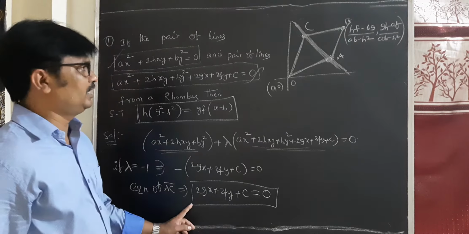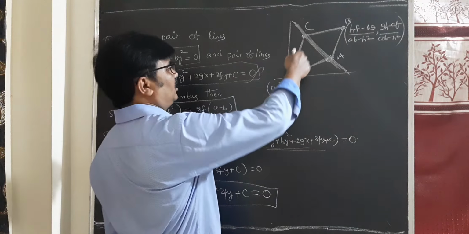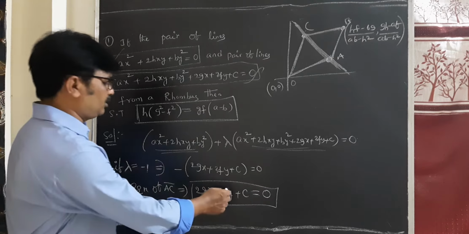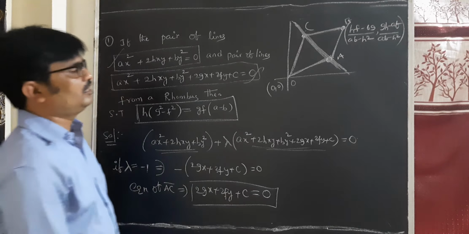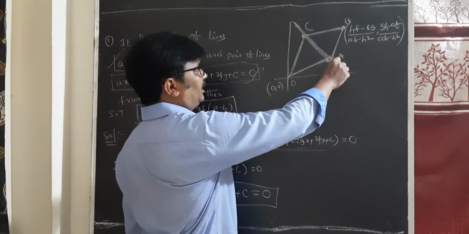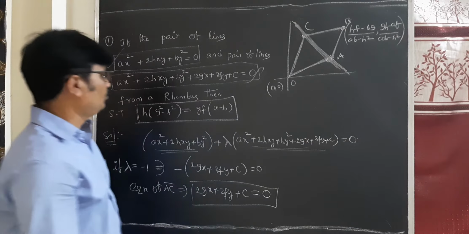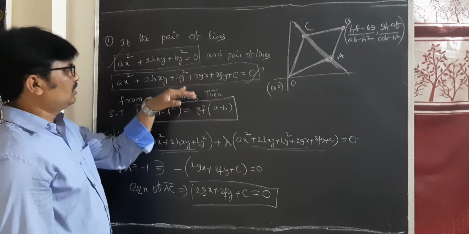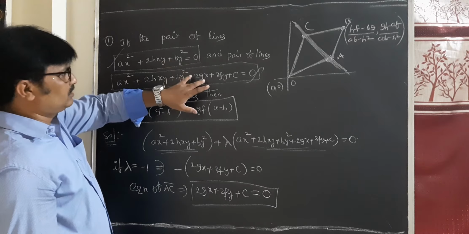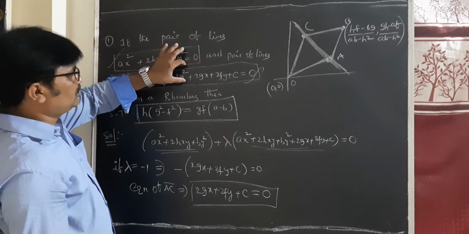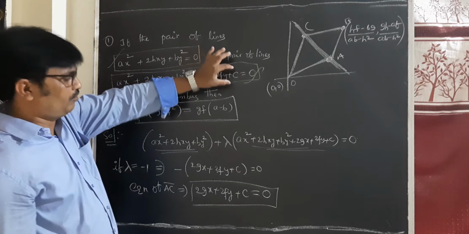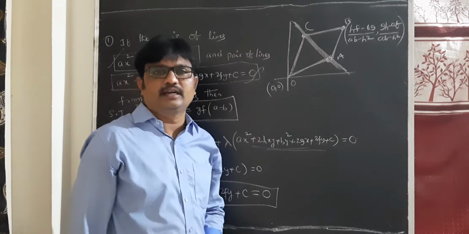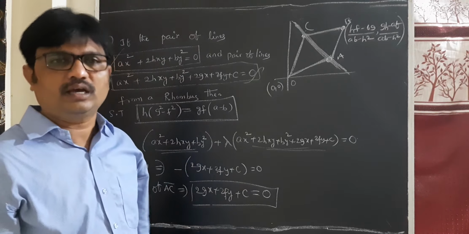This is called the equation of the diagonal which is not passing through the origin. All of you observe how to get the equation of the diagonal AC: simply subtract the two curves, the first curve and the second curve, giving 2gx + 2fy + c = 0. That is the equation of the diagonal not passing through the origin.